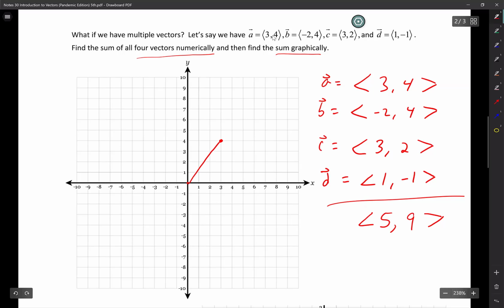So this is vector A. And then I'm going to go from vector A and I'm going to add vector B. Vector B is -2, 4. So where vector A terminates, go 2 to the left and 4 up. So 2 to the left, 1, 2, 4 up, 1, 2, 3, 4. Put a point and then connect them head to tail. There it is. That is vector B.